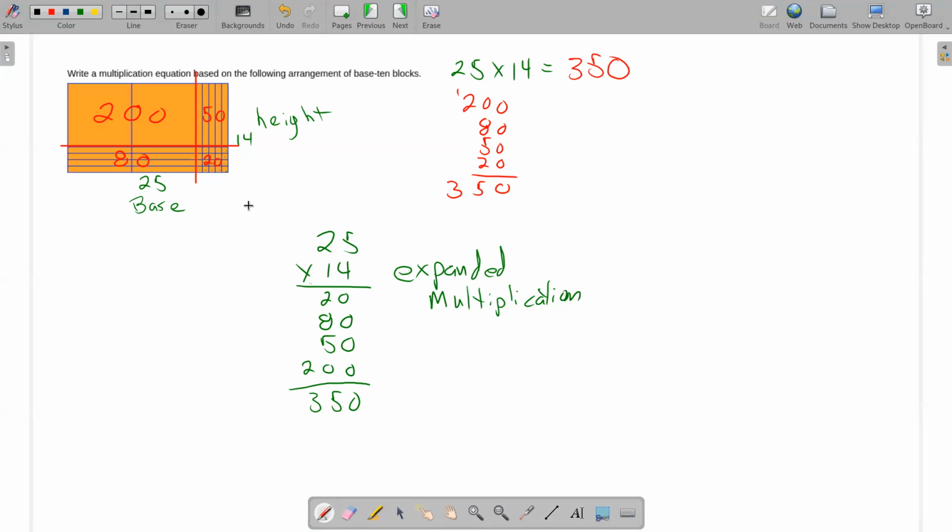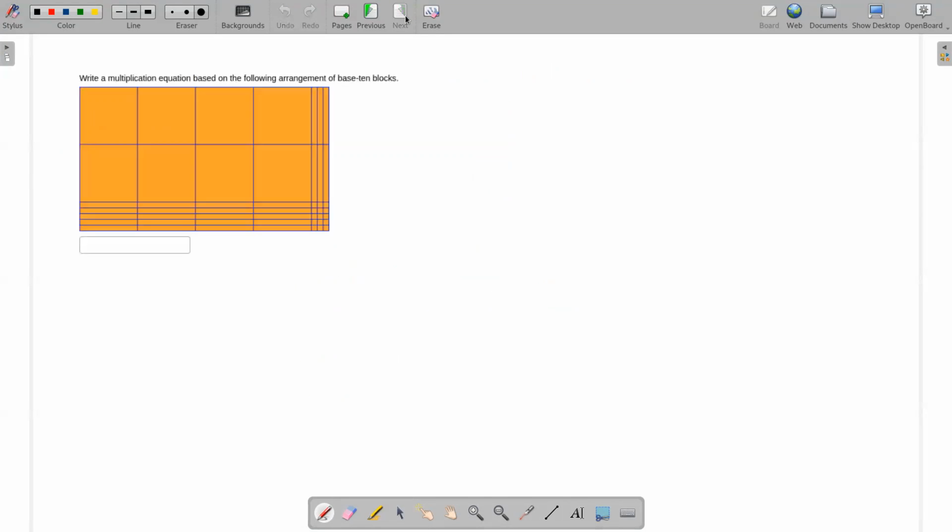Let's try that again for a bigger area. So here again, I want to find a multiplication equation for what I see here. So I got to figure out what is the base and what is the height. So for the base here, we have 10, 20, 30, 40, 1, 2, 3.